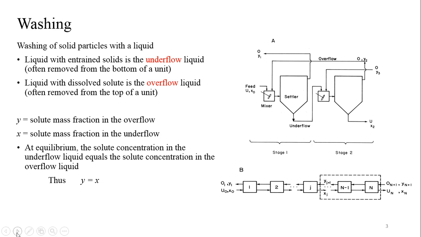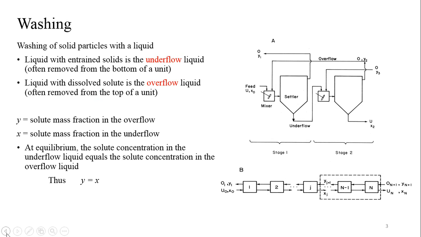We're going to bring in pure water, mix it up, and let the particle stream come out one side. We're going to take the water off the top side. Essentially all we've done is come to an equilibrium point where the amount of salt in both the underflow and the overflow is equivalent. If we're carrying this out as an equilibrium operation, that's what's going to happen. So that's why we have this expression.